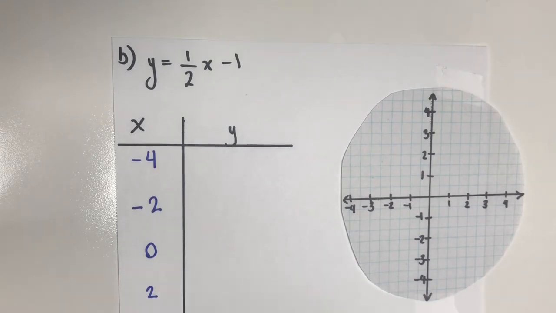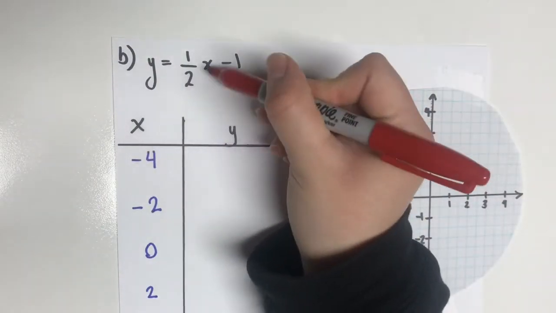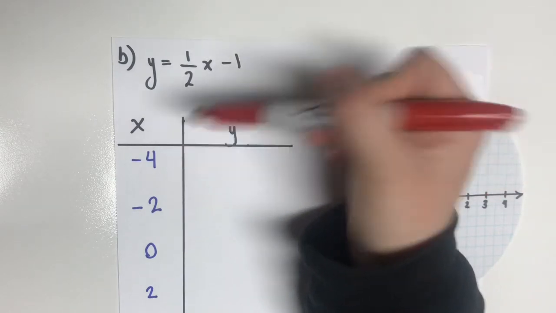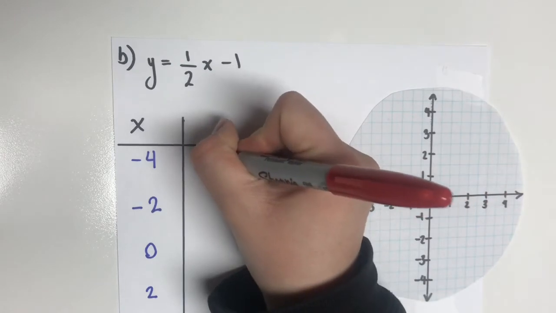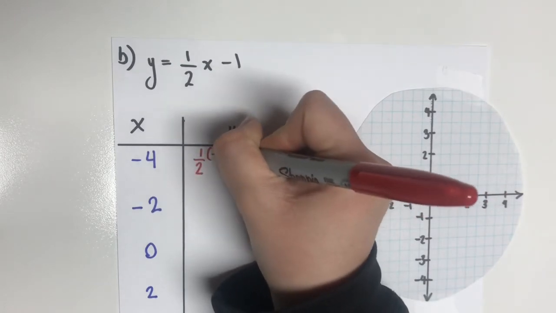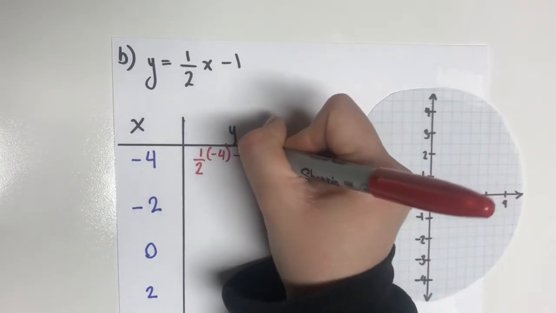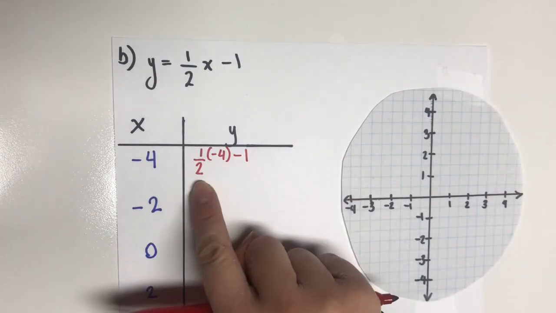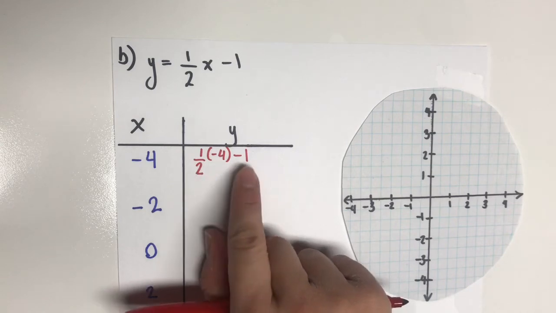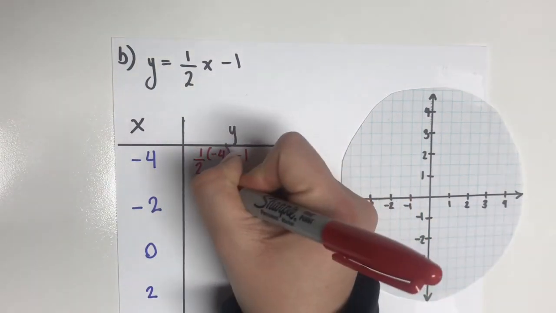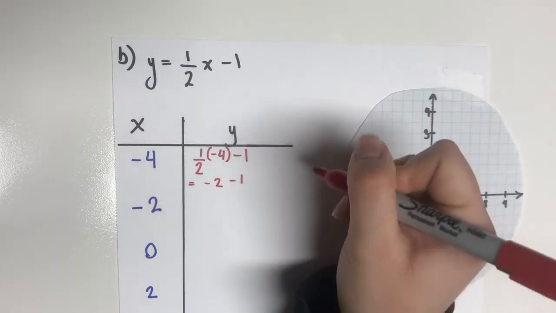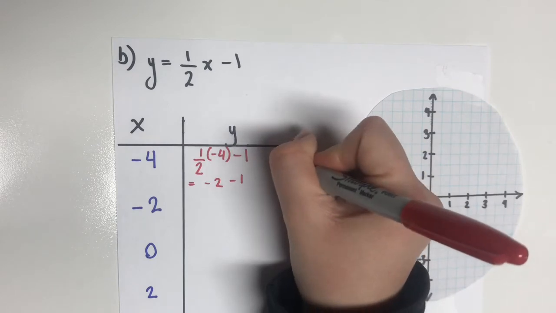So now I'm going to do the same thing. For each x value, I'm going to substitute it into the equation. So I'm going to replace the x with these values, starting off with 1/2 times -4 minus 1. -4 divided by 2 is -2, minus 1 gives us -3.